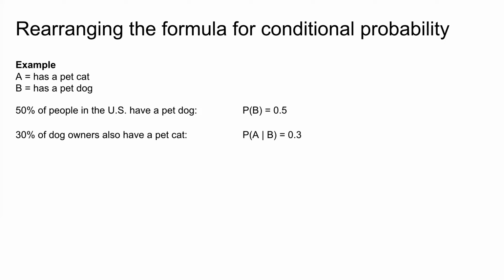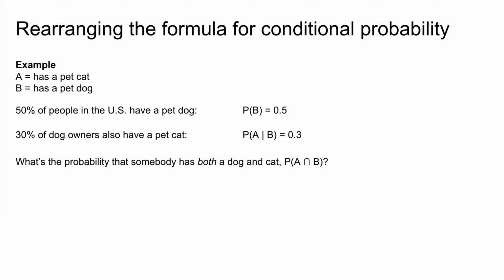Further, suppose that 30% of dog owners also have a pet cat. That is, the conditional probability of event A given event B is 0.3. From this information, we'd like to calculate the probability that somebody has both a dog and a cat. That is, what's the probability of A and B?